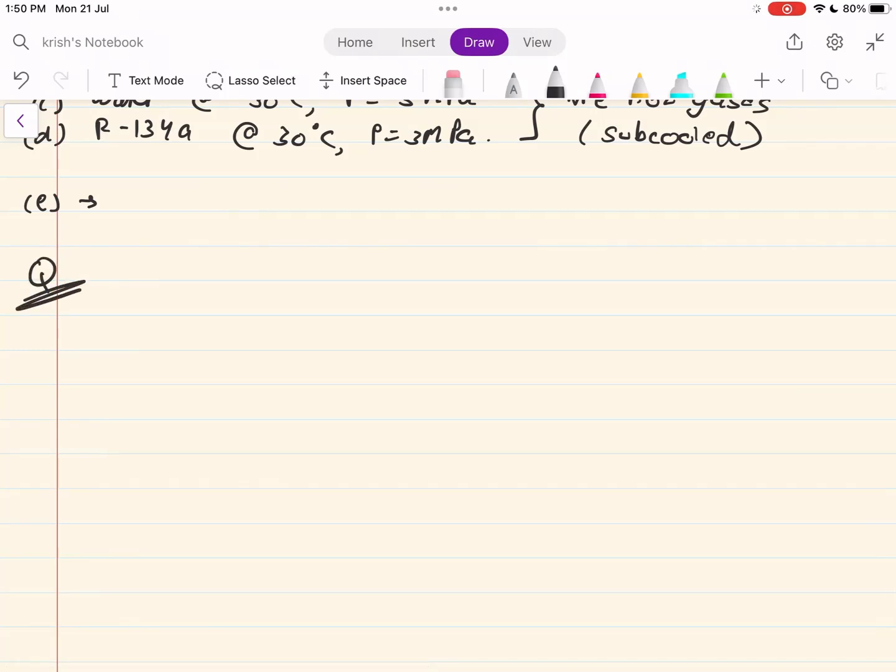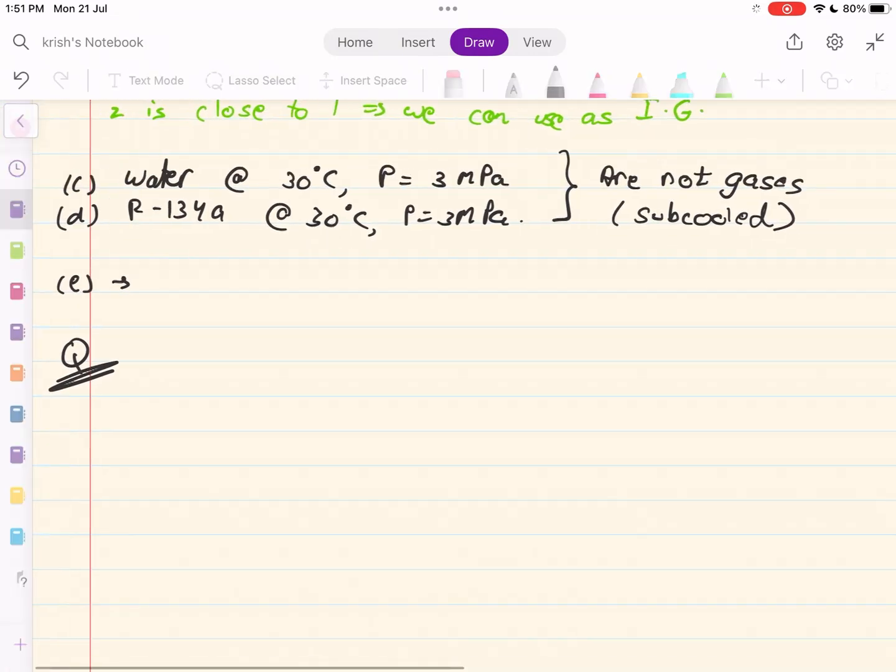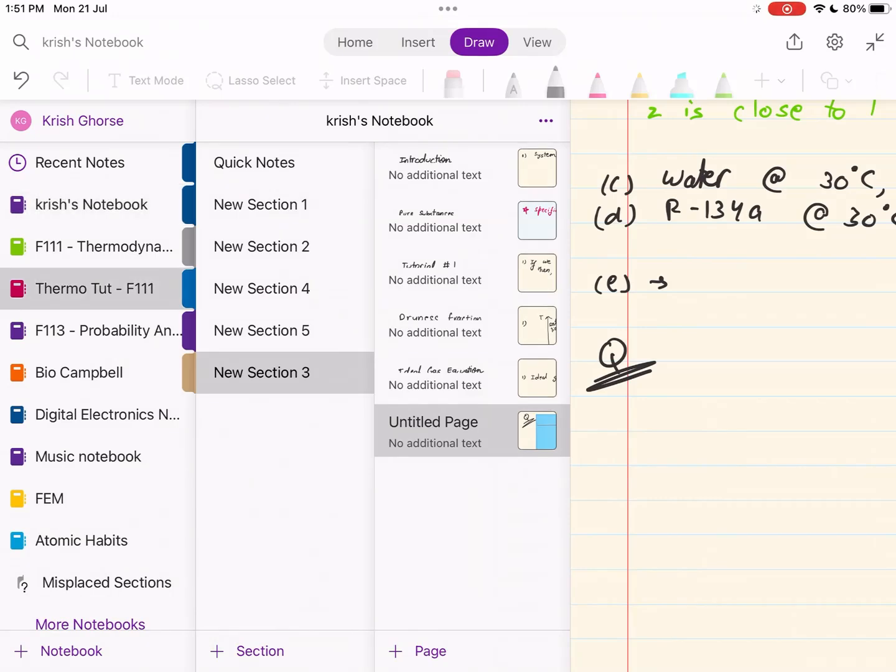Our next question is also about this graph, and let me just copy it.